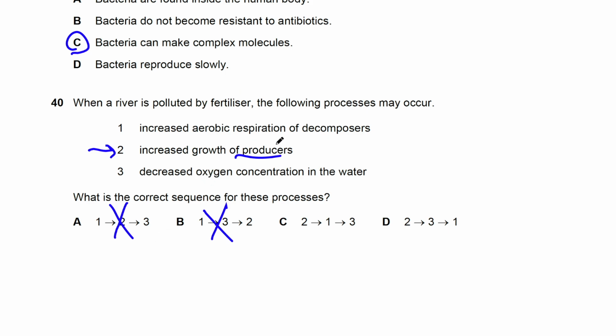Who will use them? The decomposers here, increased aerobic respiration. Because of this happening, aerobic respiration will consume what? The oxygen. So 2, 1, and 3, not D. So the right answer here is what? The right sequence is C.